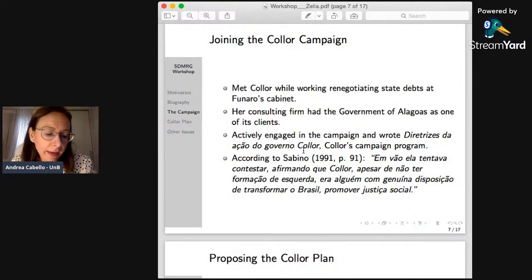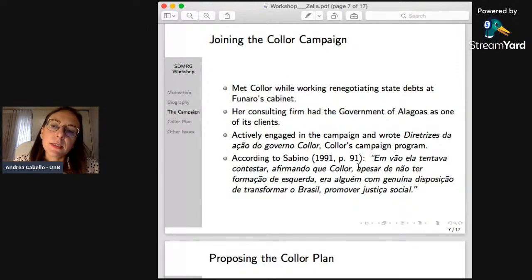I thought this was very interesting because Sabino's book was written right after she left office. It was a biography, but she was heavily interviewed for it, so most of it is very heavily biased by her views of how things were then.